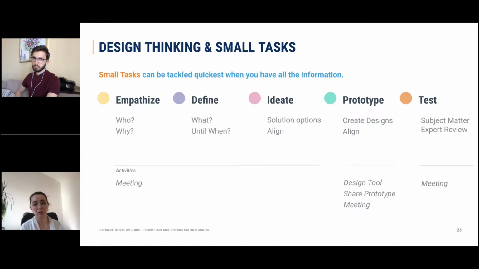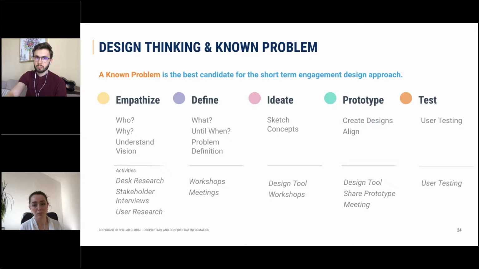The next type of problem is the known problem. This is the best candidate for the short-term engagement design approach that George has defined earlier.